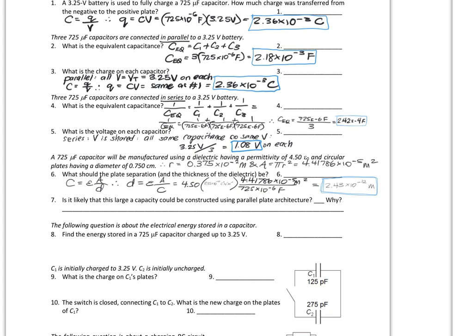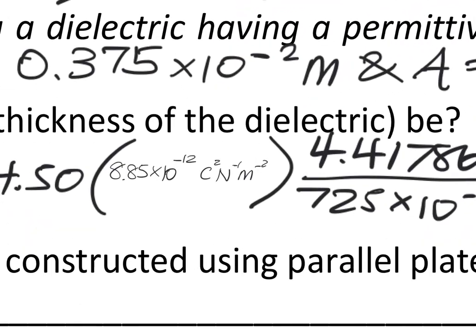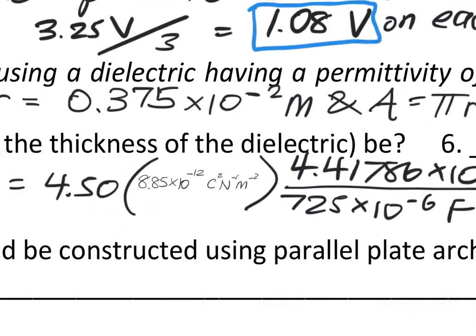I'm going to need it because capacitance is the permittivity of the dielectric times the area over the distance between the plates. So solving for distance between the plates, when you throw all the numbers together, you have 4.5 times the permittivity of that E naught number.